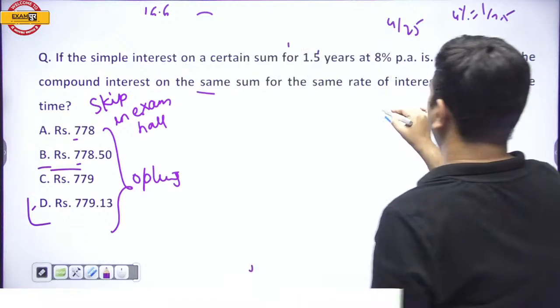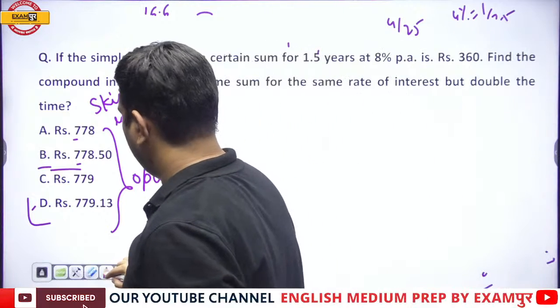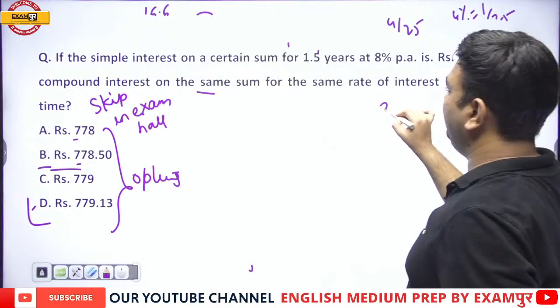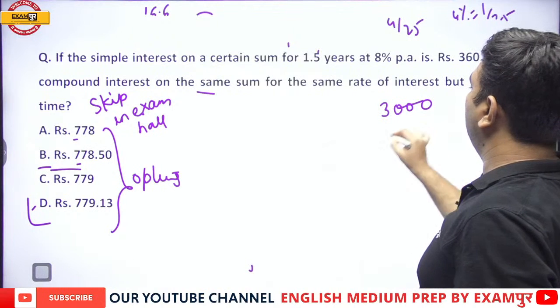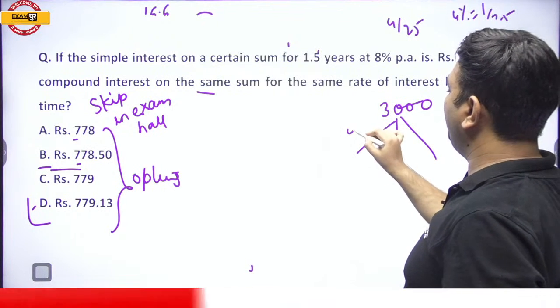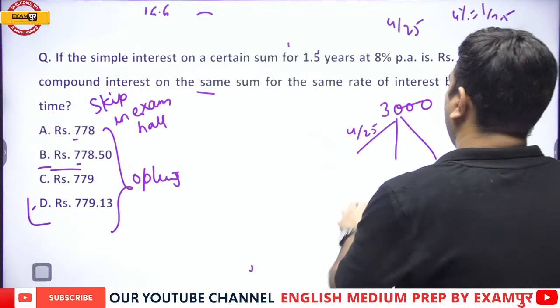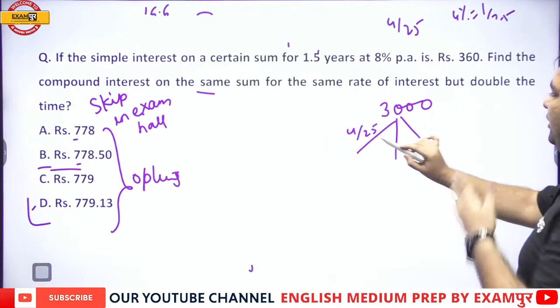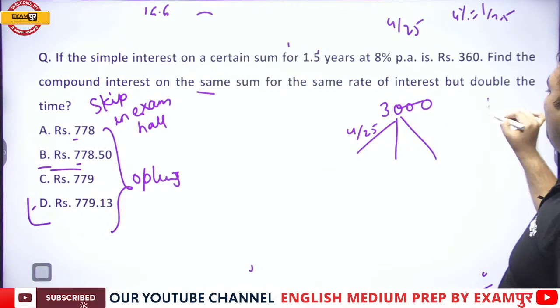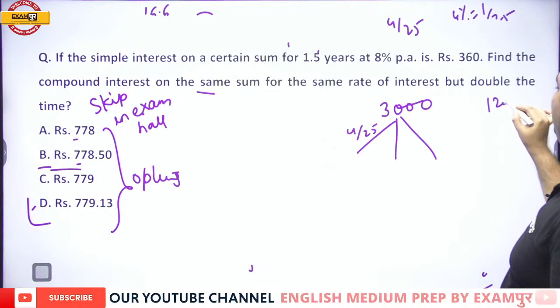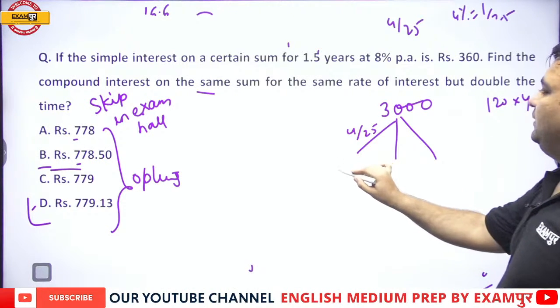You can assume 25 cubed, or you can assume directly 3000 principal. So 4 by 25, 4 by 25, 4 by 25. What is 4 by 25? 150, 120 into 4, 480.